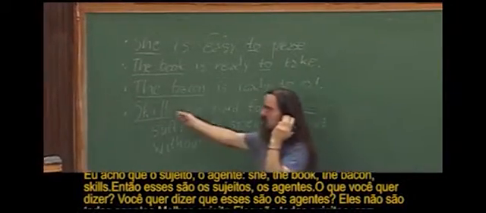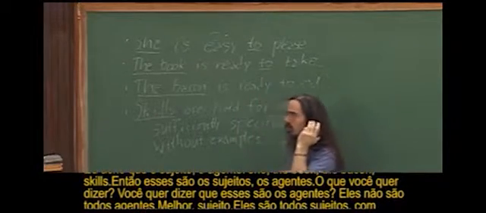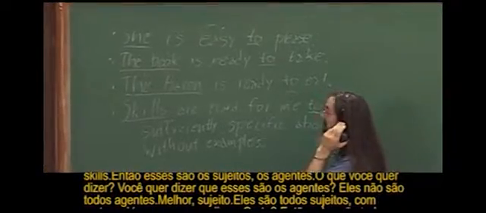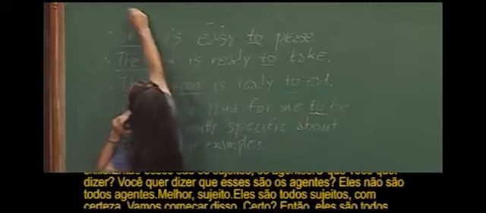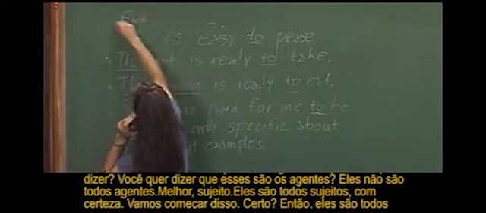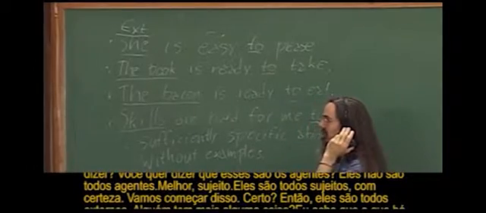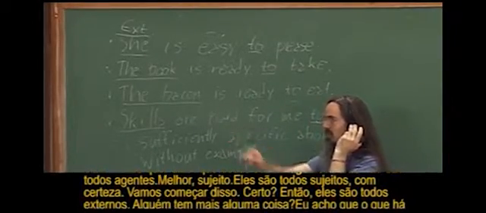You mean these are agents? They're not all agents. I think they are all subjects. They are all subjects, that's for sure. Well, we'll start with that. Okay, so they're all externals. Okay, somebody have something else? Yes.